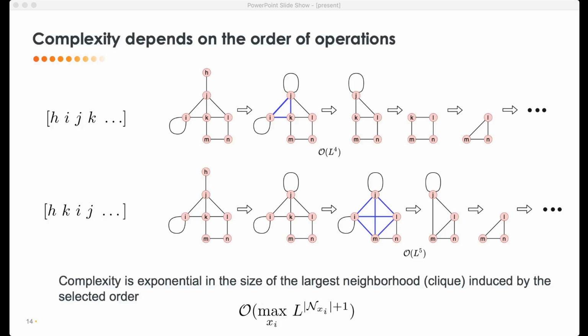But if we do it in order h, k, i, j, then we'll encounter an intermediate of dimension 4, and the overall cost will be L to the 5th power. The complexity of different orders can differ exponentially, and the question is how to find orders such that the variable elimination has the lowest cost.